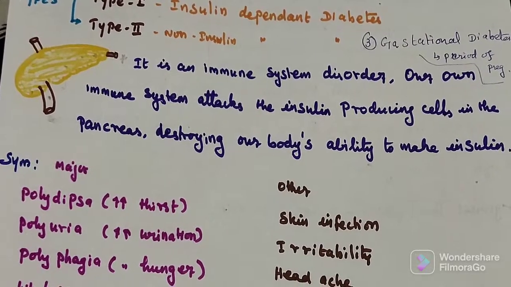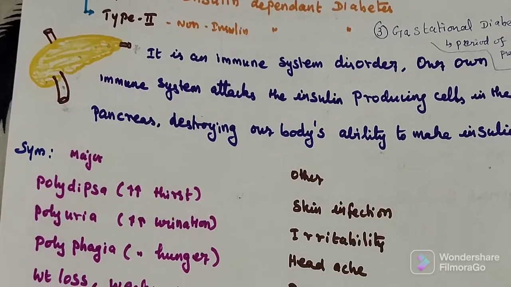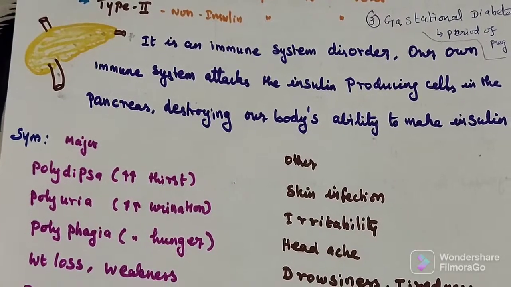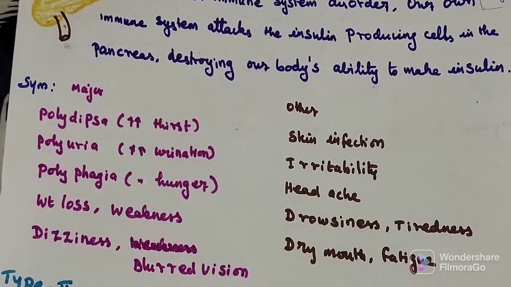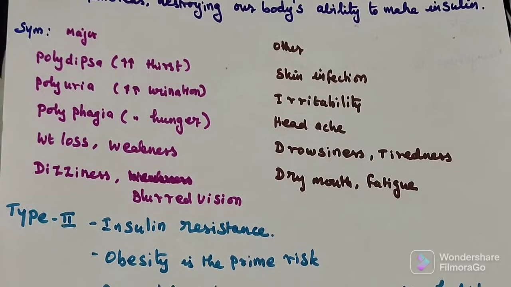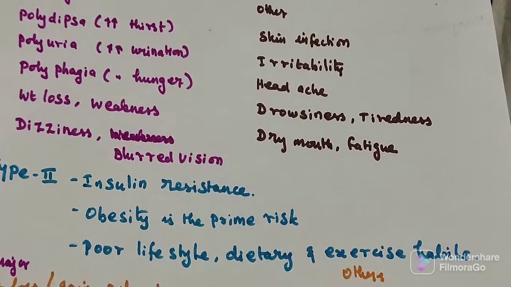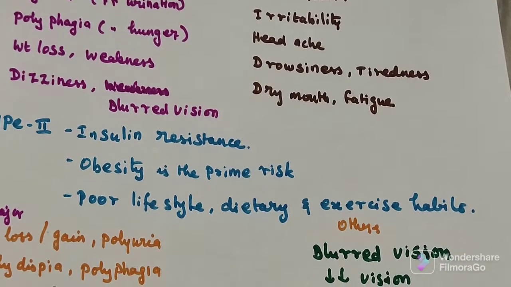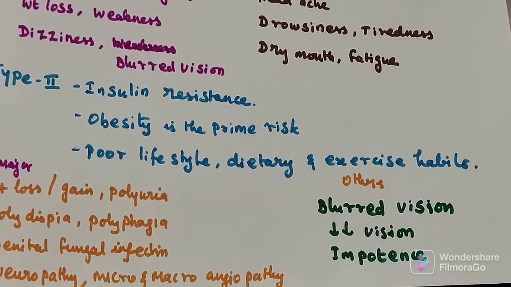More than 50% of all diabetic patients have neuropathy. Then it leads to impotence, neuropathic pain, then neuromuscular dysfunction, then decreased resistance to infection. So these are the major complications of diabetes mellitus.